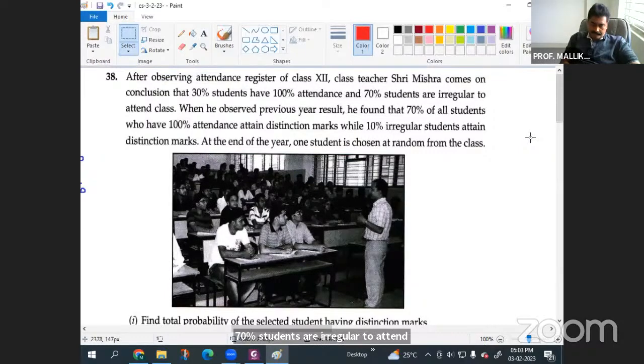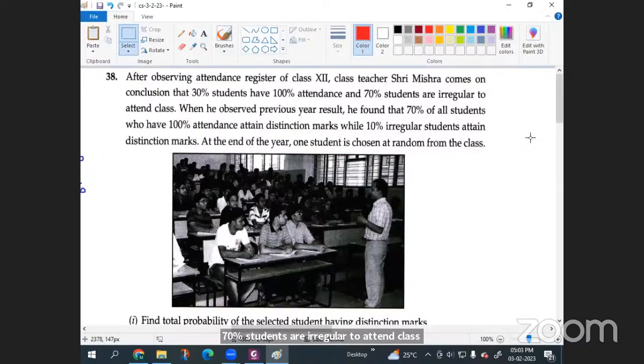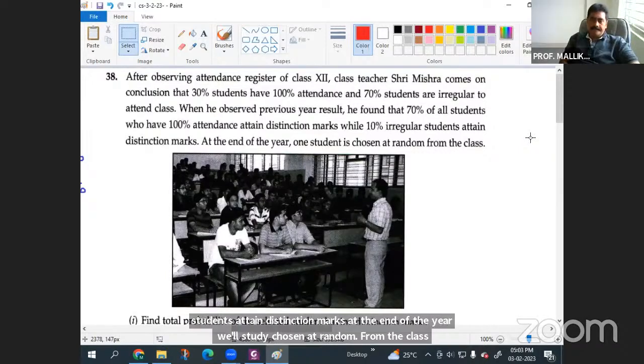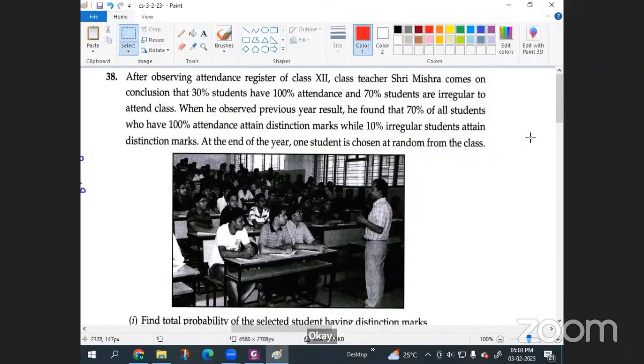When he observed the previous year's result, he found that 70% of all students who have 100% attendance attain distinction marks, while 10% of irregular students attain distinction marks. At the end of the year, one student is chosen at random from the class. Find the total probability of the selected student having distinction marks.